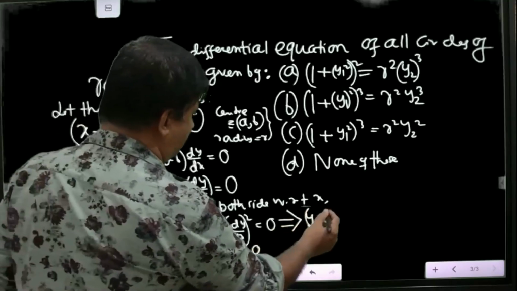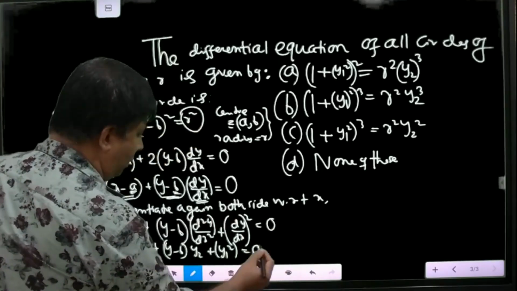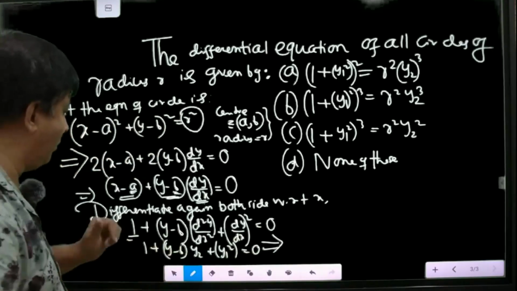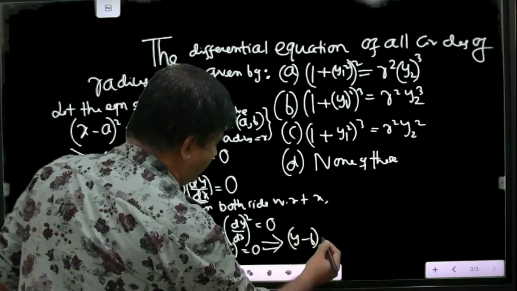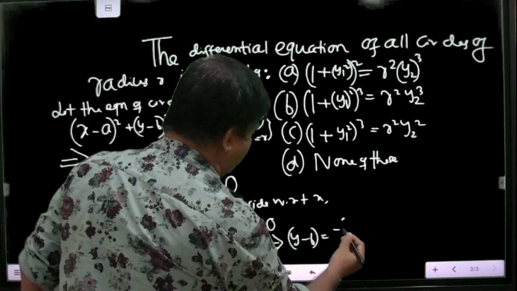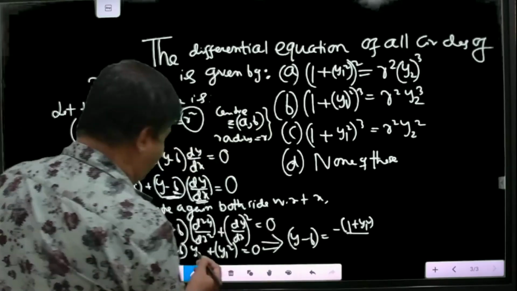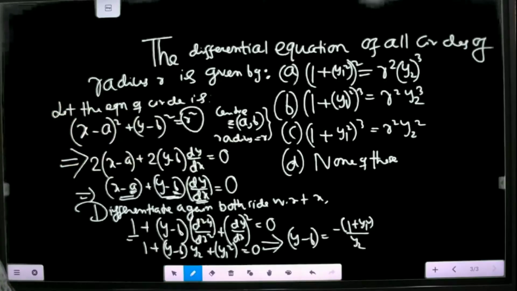So from here, I can separate the value of y minus b. What is y minus b? Minus (1 plus y1 square) by y2. That is y minus b.